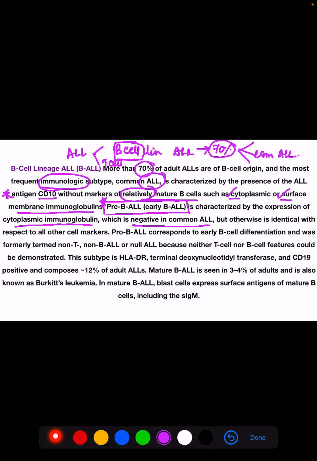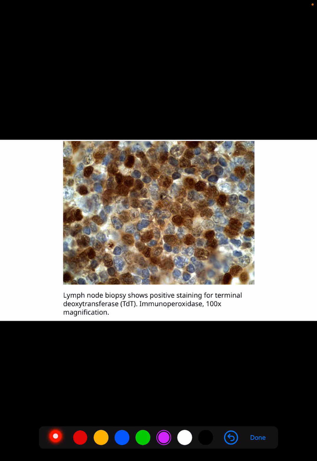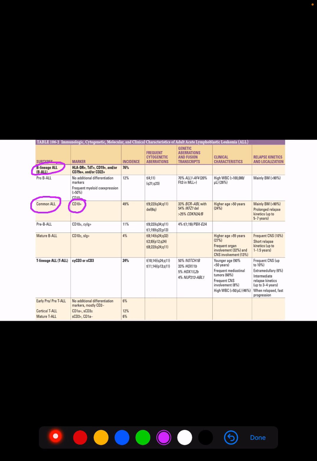In pre-B ALL, CD10 may be positive or negative, but cytoplasmic immunoglobulin will be positive. In mature B ALL, surface immunoglobulin will be positive. Of this B cell lineage ALL, common ALL is the most common, seen in 49% of the patients.